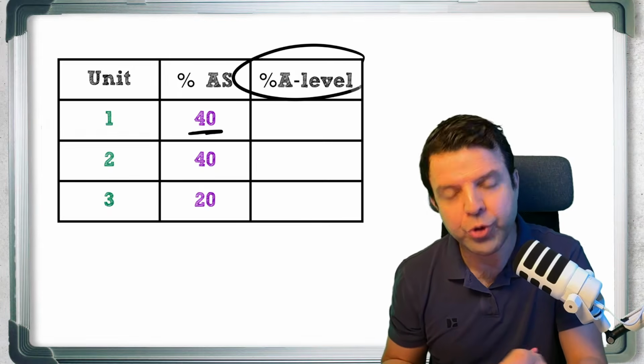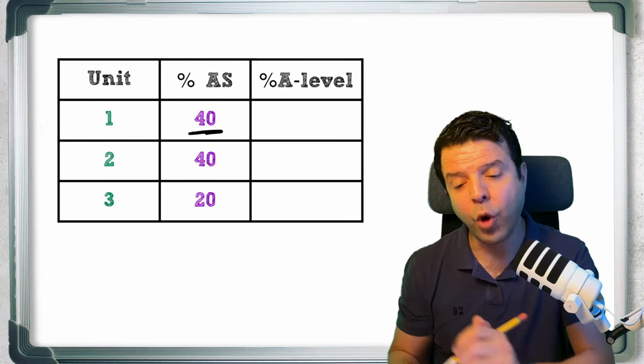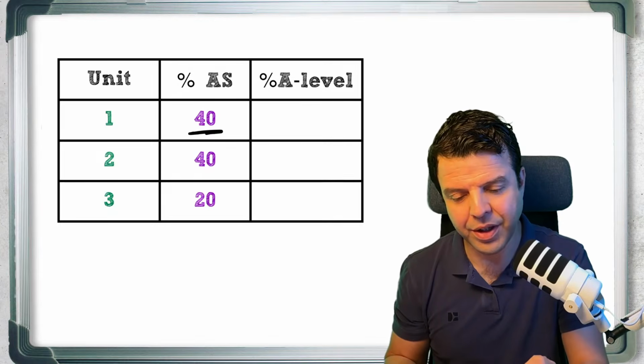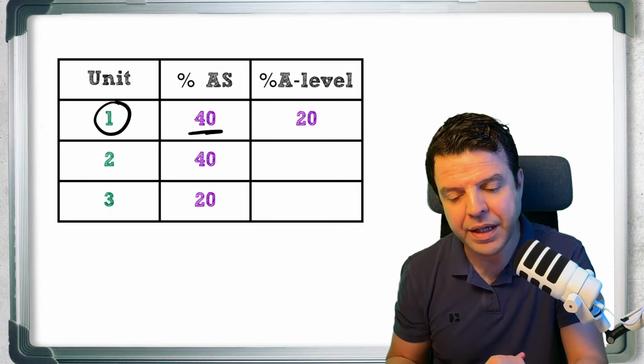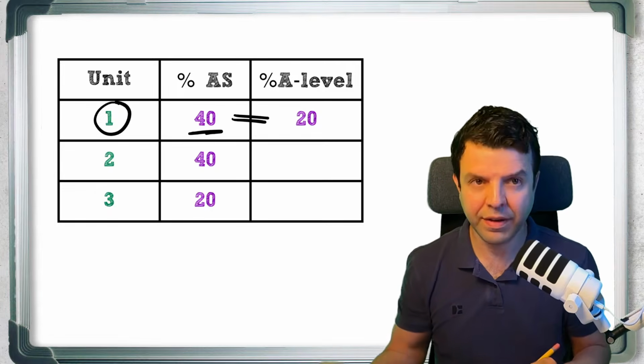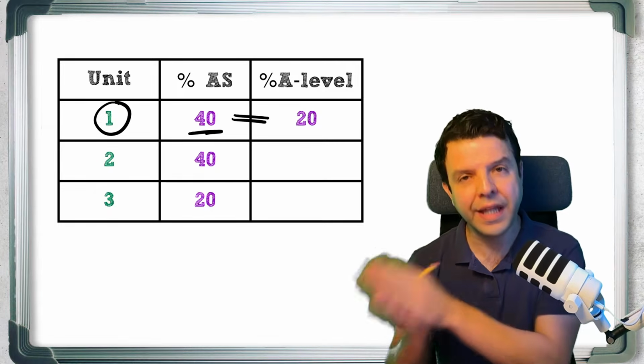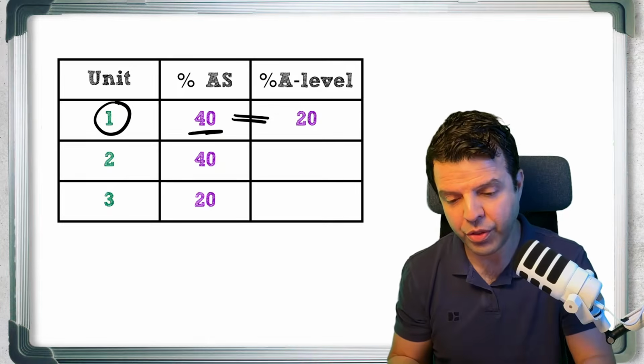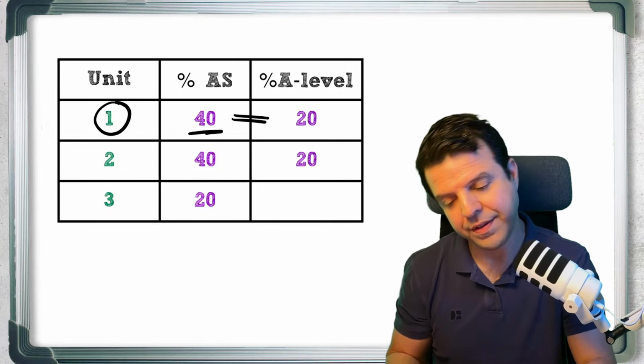Now, for students who are taking A-level as a whole, this time Unit 1 becomes half the weight, mainly because now you're going to be taking the other 3 units, 4, 5, and 6.